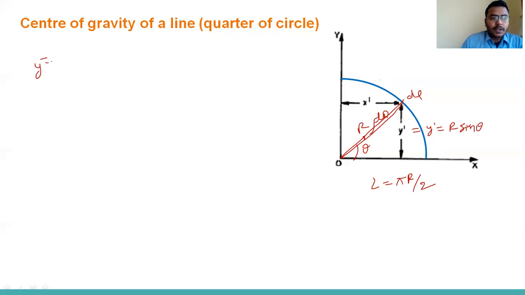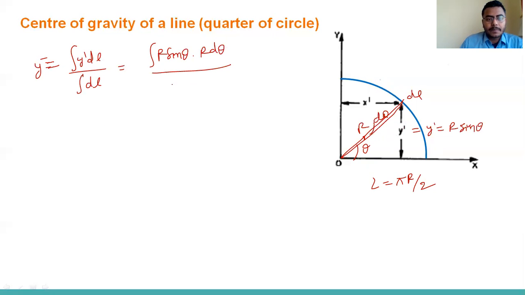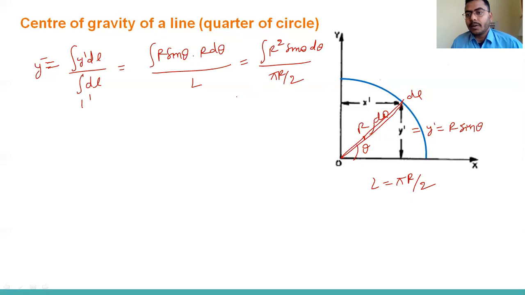Now y bar is equal to integration of y dash dl divided by L. Now put the value of y dash, that is r sine theta, dl, that is r d theta, divided by L. So we can write r square sine theta d theta divided by pi r by 2. I'm putting the value of capital L, the length of this quarter of circle.